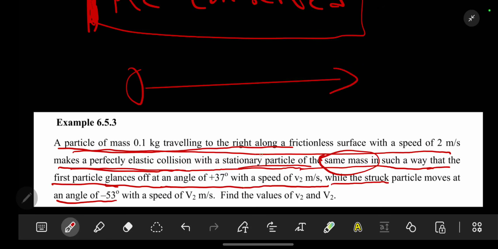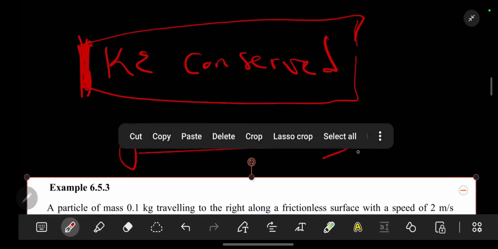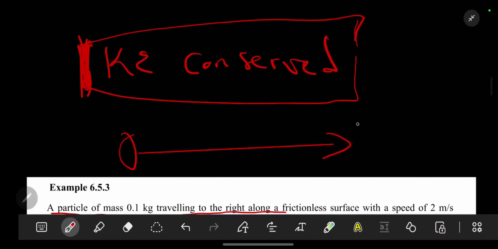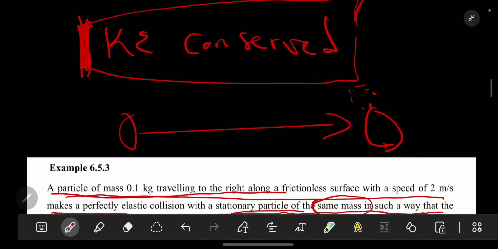So this is purely in the x. It makes the angle of 37 degrees. So if we are to draw this, when it collides, we are going to have something like this.